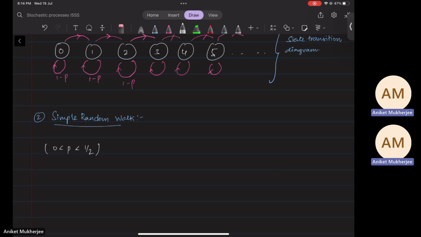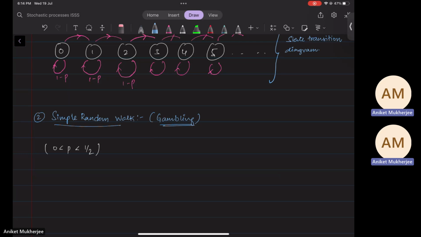Simple random walk is basically you have Xn. So let me put it this way: simple random walk, but I'll be using gambling to explain the concept of simple random walk.